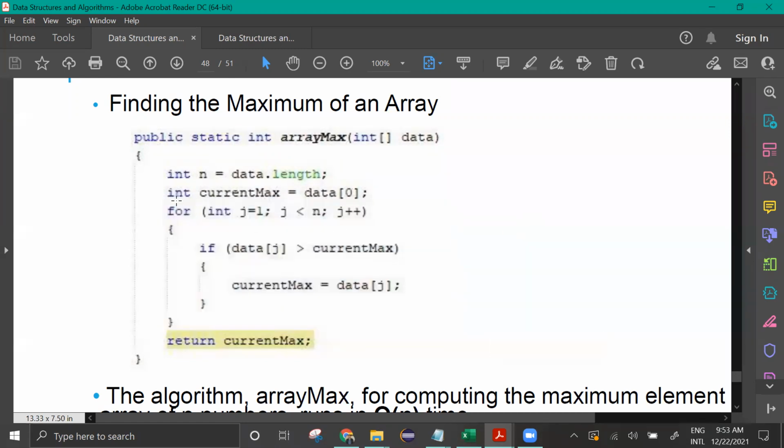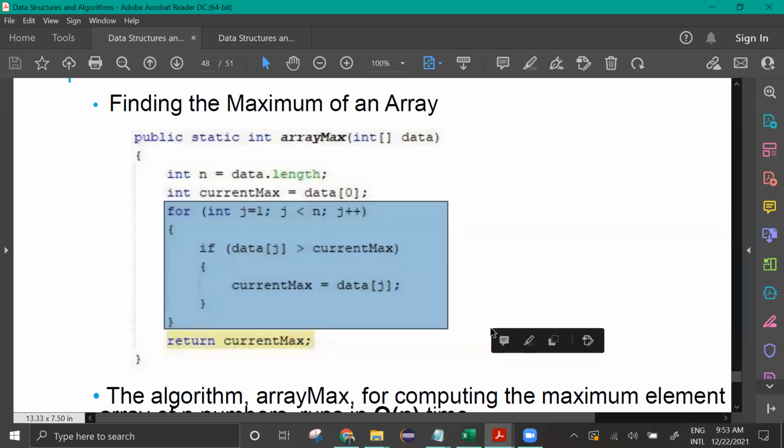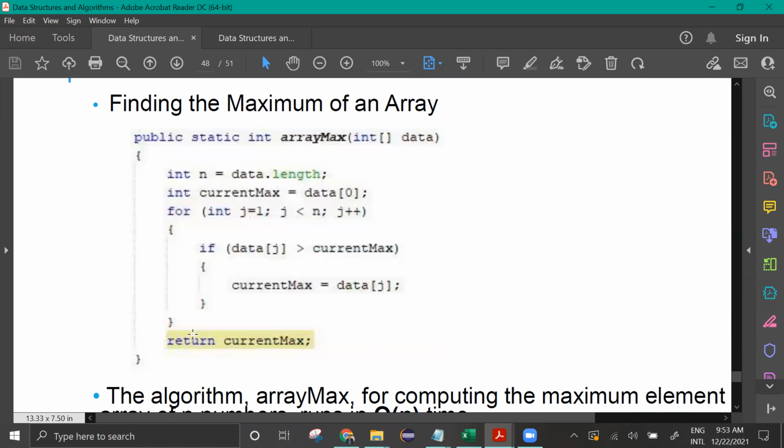Basically this program iterates n minus 2 times, yes? No, n minus 1 times. N minus 1 times. And then finally we return the current maximum.